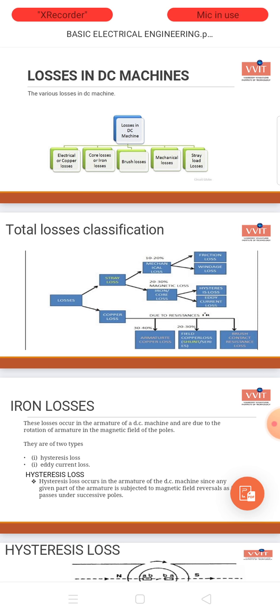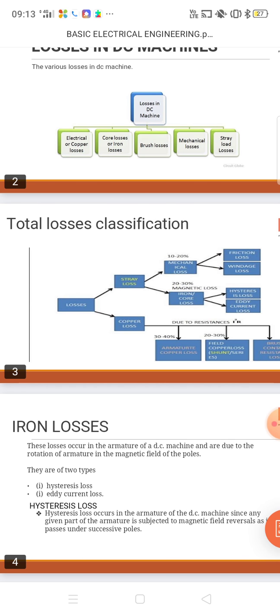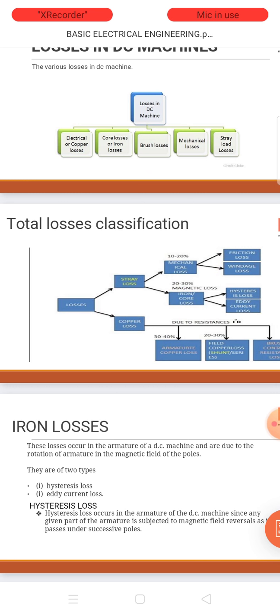Total losses classification. Mainly, losses are two types, stray loss and copper loss. Stray loss, mechanical loss is about 10 to 20%. Iron or core loss is about 20 to 30%. In mechanical loss, there is a friction loss and windage loss.